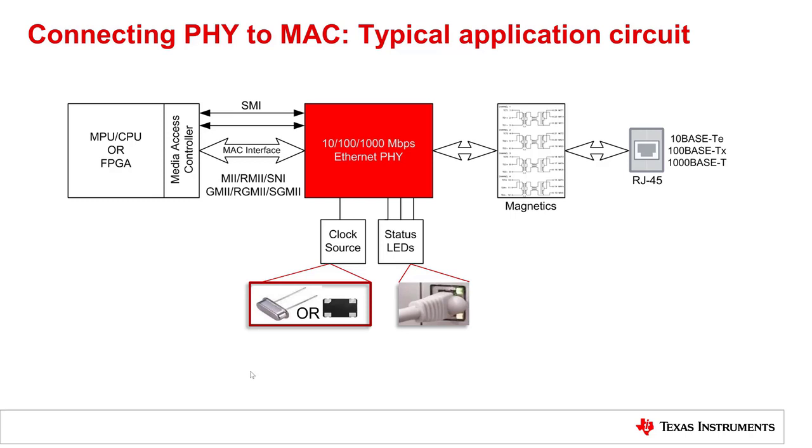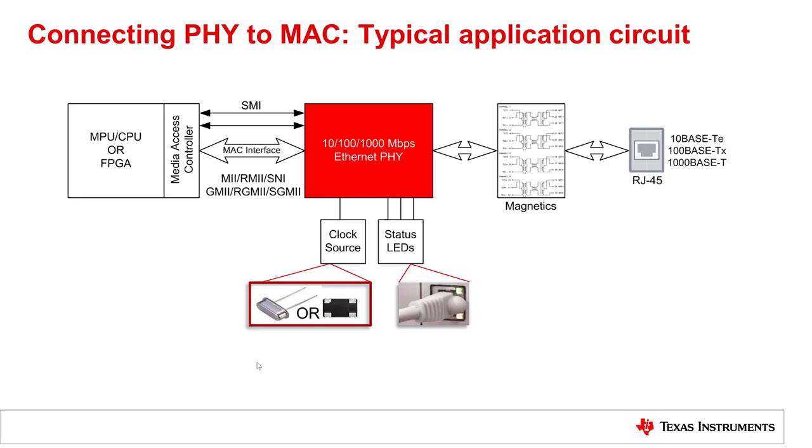Let's look at the connection between the PHY and a MAC, and this is a typical application circuit. So in the middle you see the Ethernet PHY. To the left side you have the MPU, CPU or FPGA, and it's connected over the MAC interface. And here I listed a few of them, from MII, RMII and so on to SGMII. Then above it you have the SMI, which stands for Serial Management Interface.